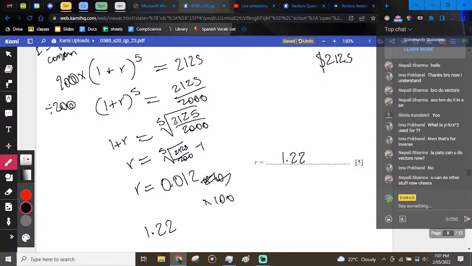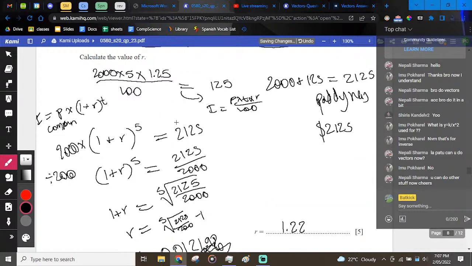It says 1.2198, so round it off to 1.22. To see if that's right, you can plug that in here: 2,000 times 1 plus 0.0122 to the power 5.